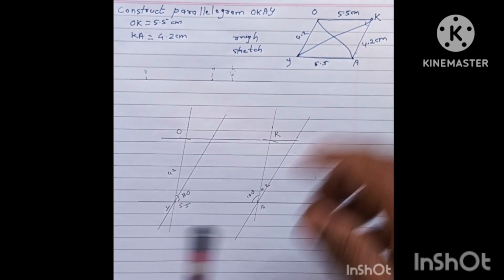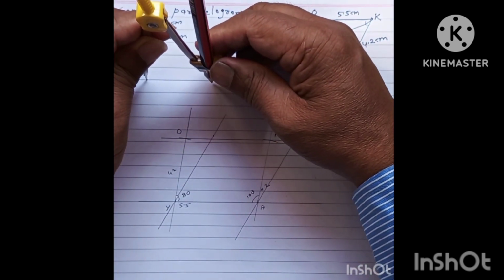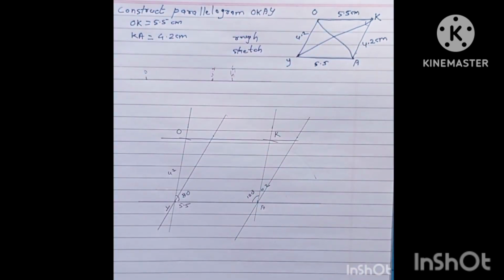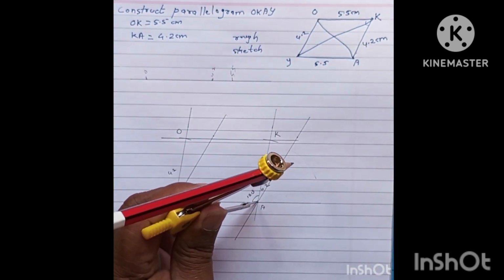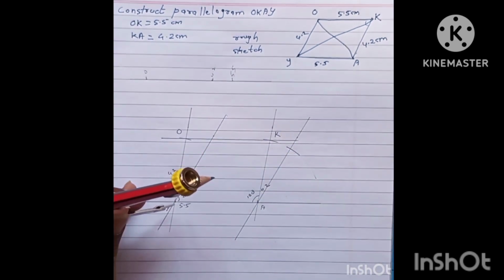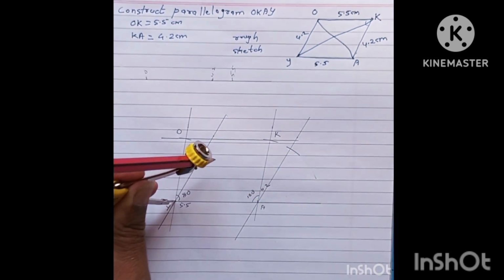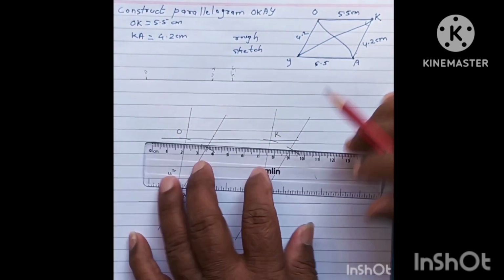The same distance we have taken; confirming, and then marking on the new lines. This is K, and another is O. Now join these two points as we have done earlier.